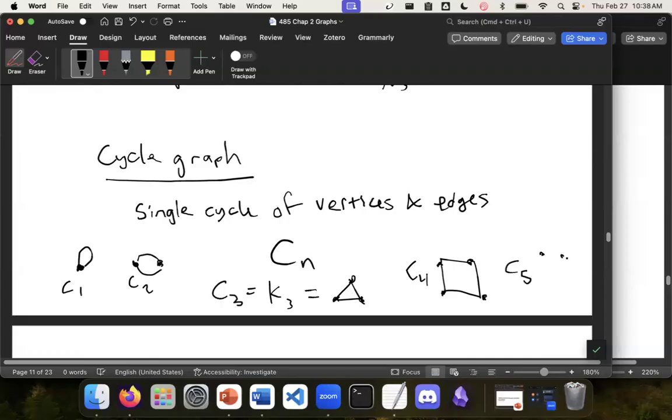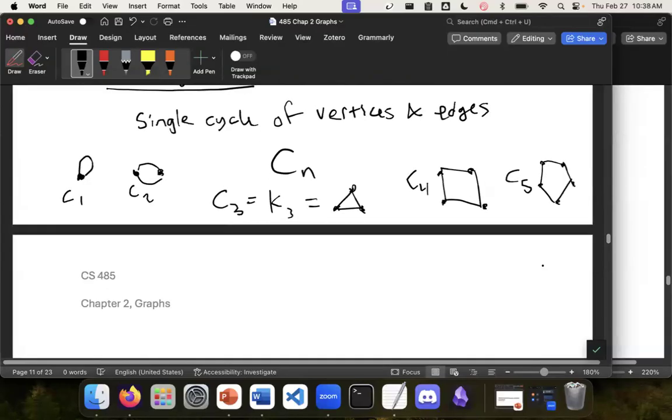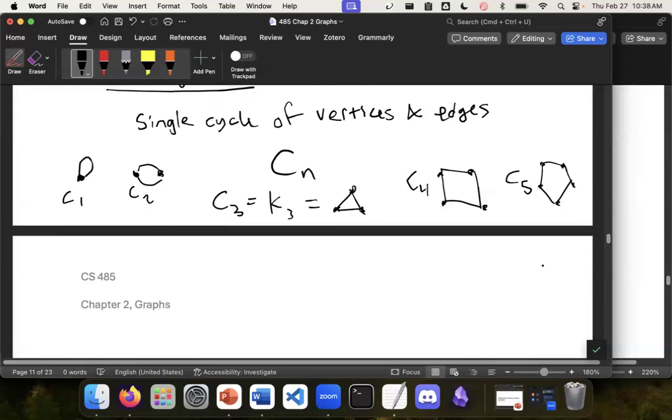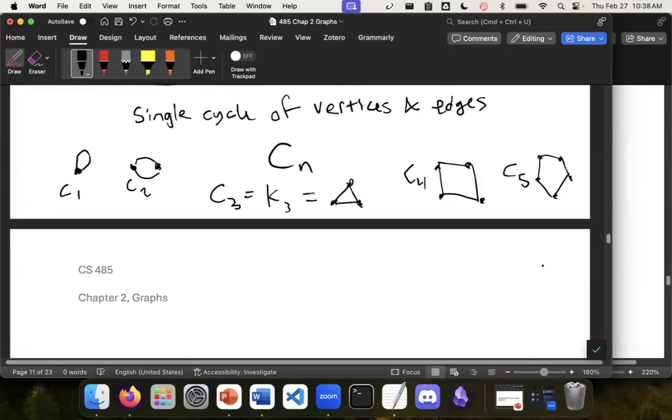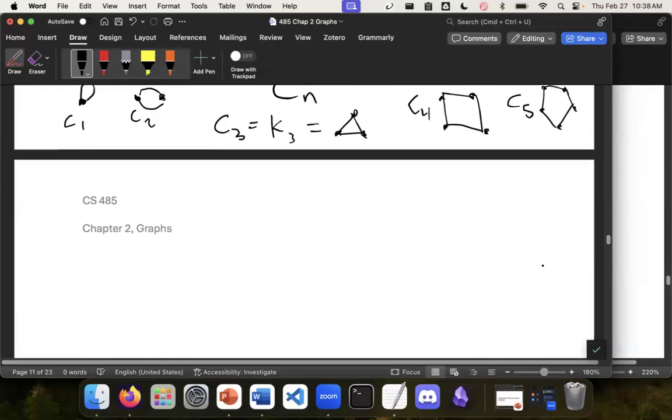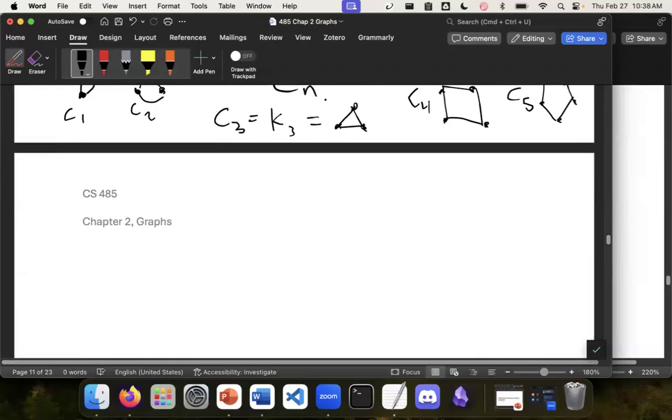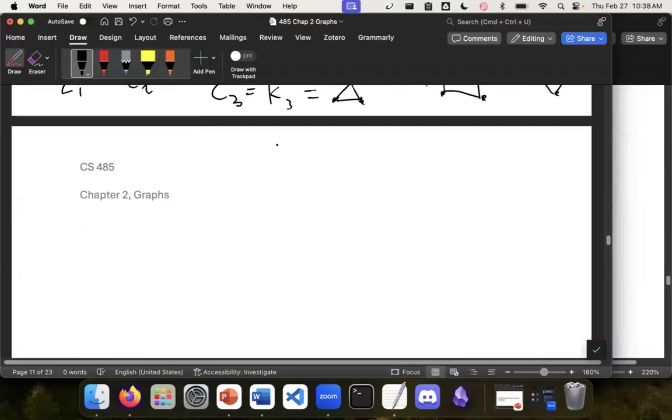C5 is 1, 2, 3, 4, 5. You get the point. We just add a vertex and draw that cycle. Okay. That's packet 19, which we will get to as we go on.